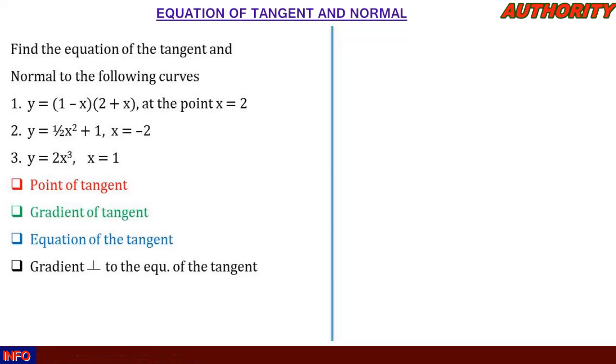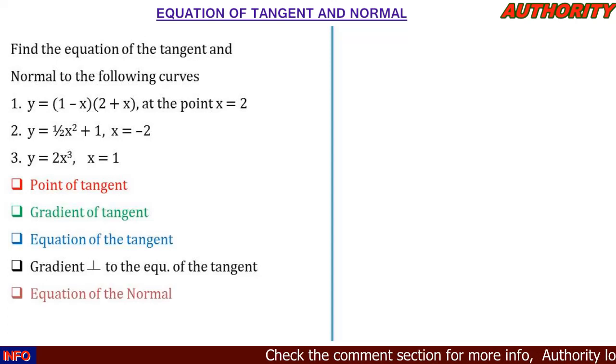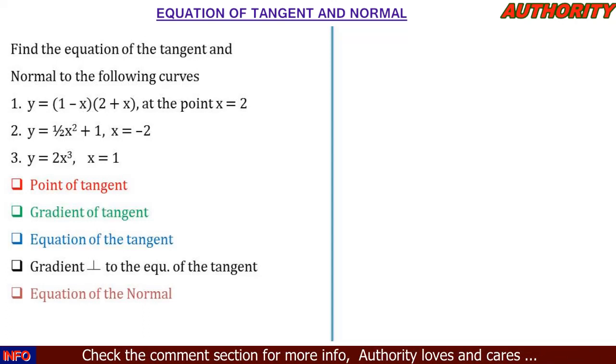That perpendicular gradient will help us to find the equation of the normal. In this video, I'm going to split it step by step, so it will be very easy for you to understand and solve any kind of question on equation of tangent and normal.